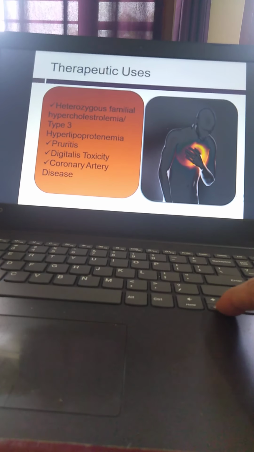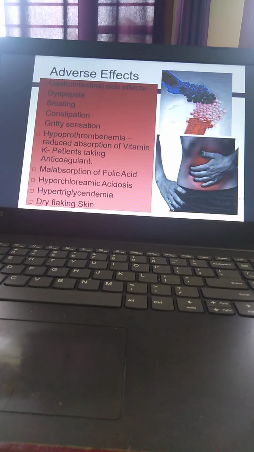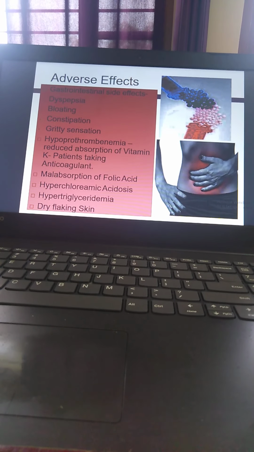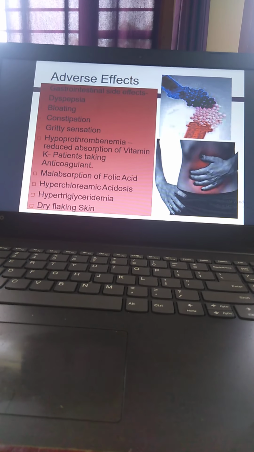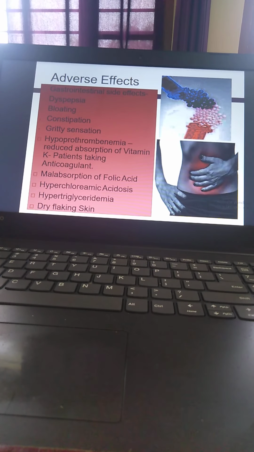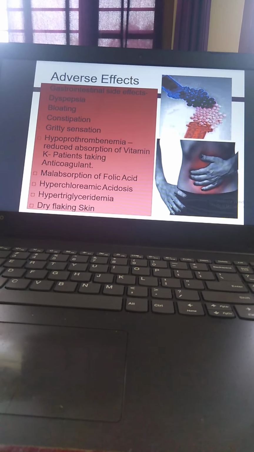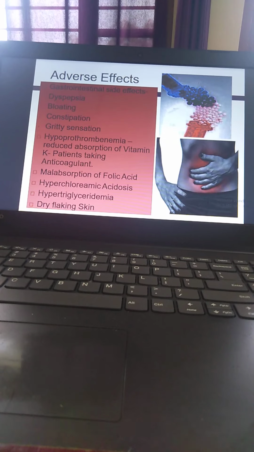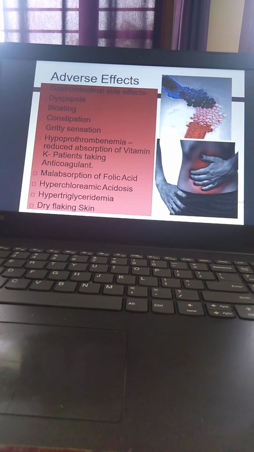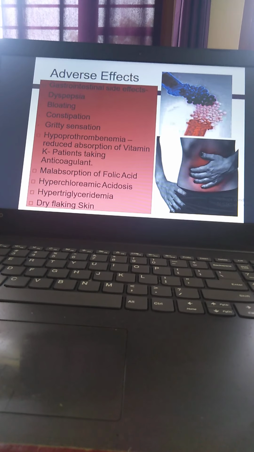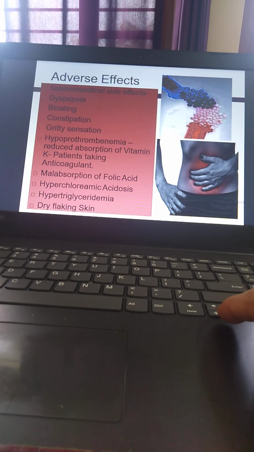Side effects are gastrointestinal: dyspepsia, bloating, constipation, gritty sensation, hypoprothrombinemia, and reduced absorption of vitamin K, which is also an adverse effect with anticoagulants. Also malabsorption of folic acid, hypercholesteremia, acidosis, hypertriglyceridemia, and dry flaking skin. These are the side effects of these sequestrants.